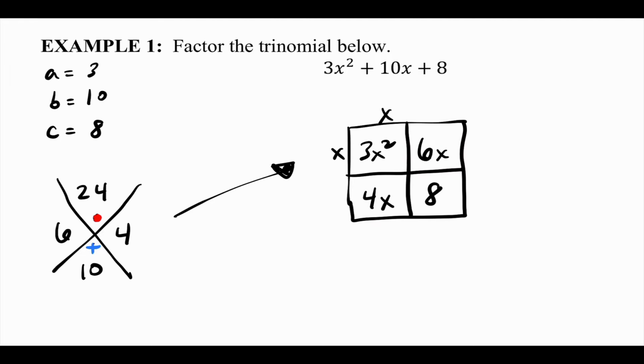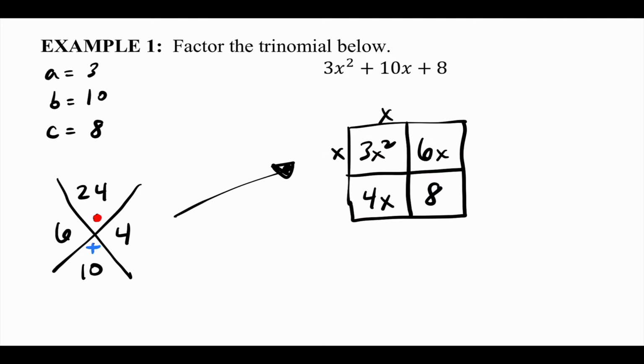Okay, so which one's going to be a 3 and which one's going to be a 1? Well, you look down the line. So let's say I put a 3 up here. It's got to go into this guy, right? Which it does once. And it's also got to go into this guy too. So if I put a 3 up here, is there a number that's going to be out here that's going to be able to go into 4 evenly?